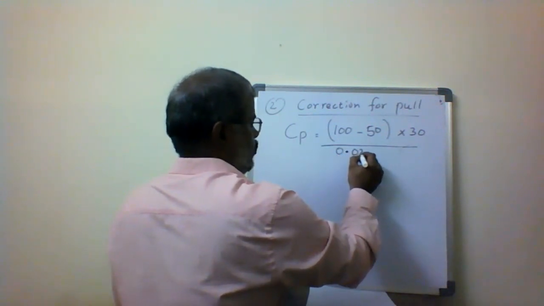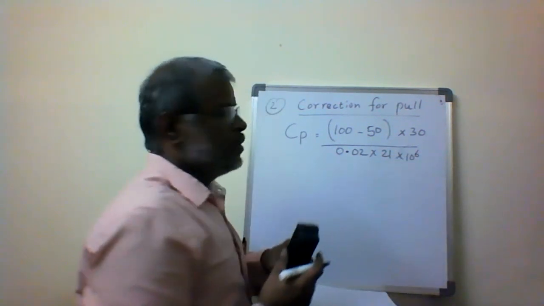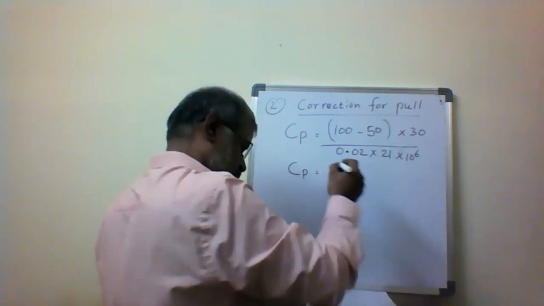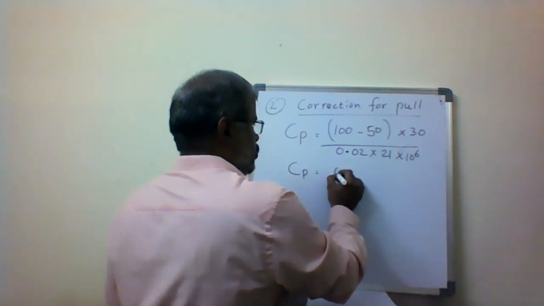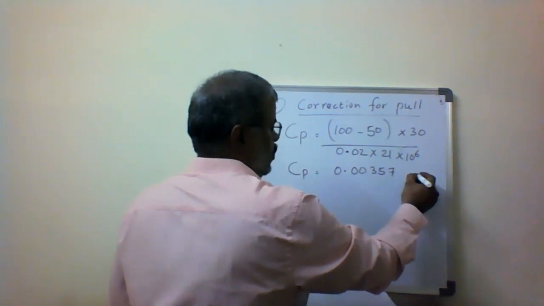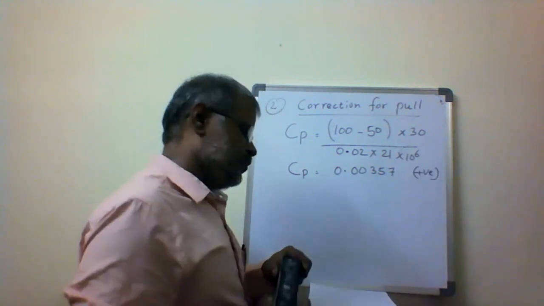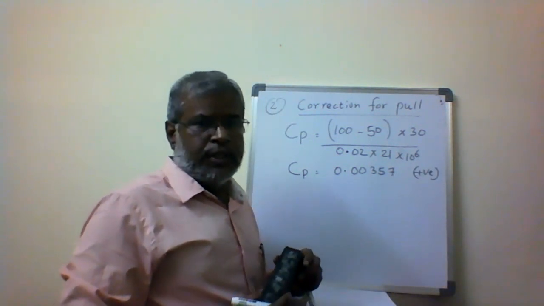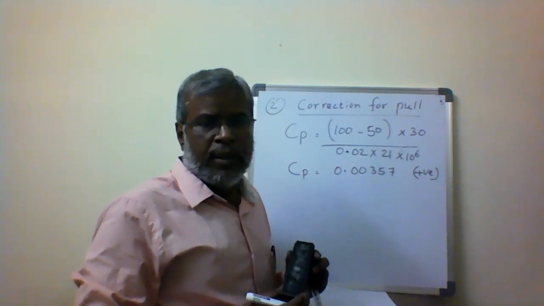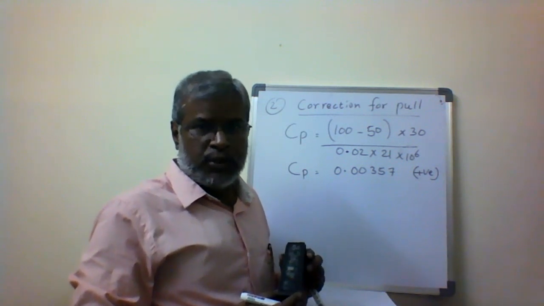Then Cp is 0.00357. This is also positive, because the pull causes elongation of the tape, so the error is negative and the correction is positive. That's why we use the positive sign.